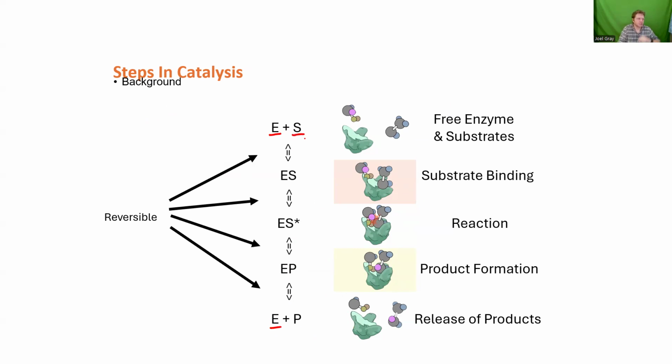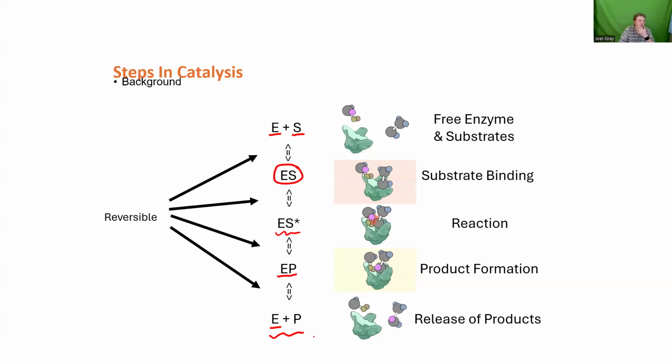We also have free S. That is your substrate that has not bound to the enzyme. When that binds to the enzyme, we get the ES complex. Then we get ES star, where our reaction has either taken place or is going to commence. Then we have EP, where our product is actually generated. And then we've got E plus P, where our product has been generated, but now it's been released.